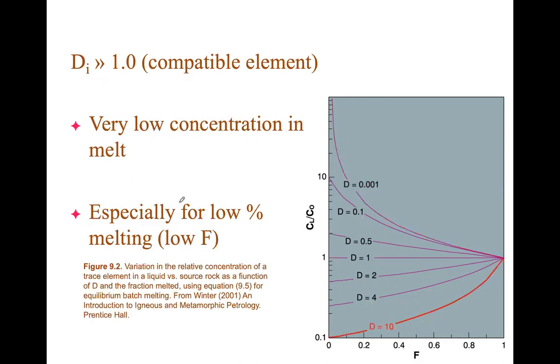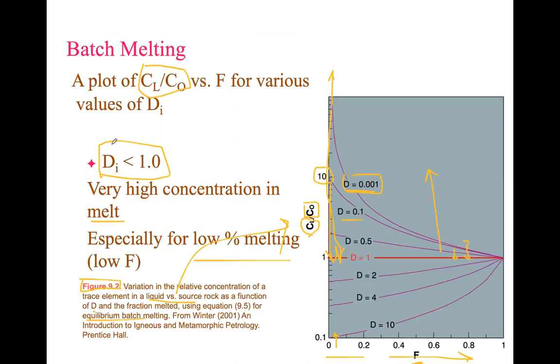And if you take much higher D values, we already discussed, in other words, compatible elements, right? D greater than 1 means the element is no longer incompatible. It prefers the solid phase. That's why you don't see many incompatibles coming after D is greater than 1, right?